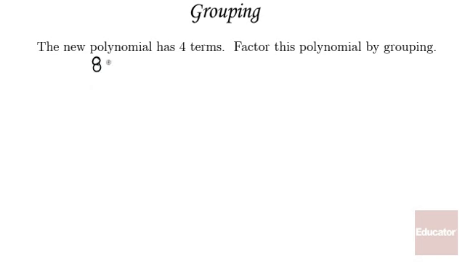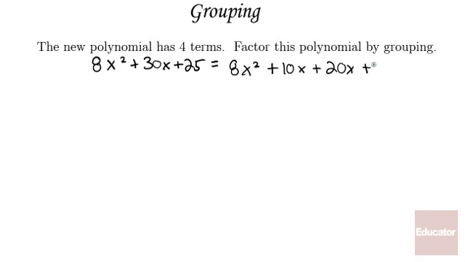So I started out with 8x squared plus 30x plus 25. Then I turned it into this form, 8x squared plus 10x plus 20x plus 25. Now I'm going to factor by grouping. Recall that when you factor by grouping, you group the first 2 terms and then the second 2 terms.